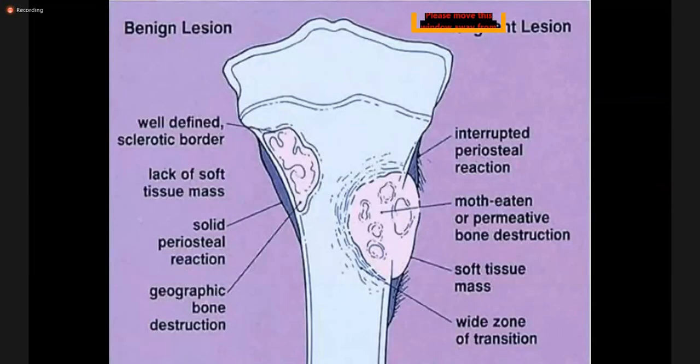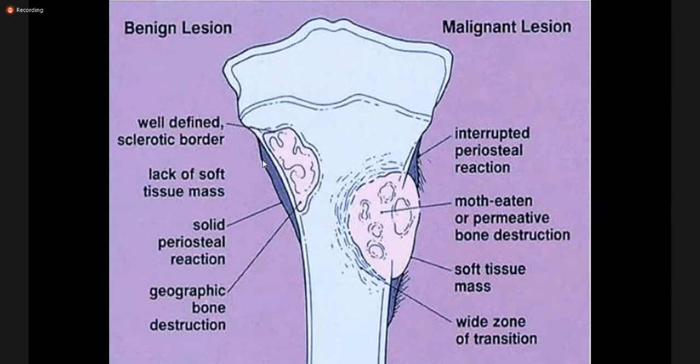Then how do we differentiate roughly on the X-ray? When there is a benign lesion, it is well-defined, plus or minus a sclerotic margin. There is no soft tissue component, or there may be some periosteal reaction which is solid and continuous. There is geographic bone destruction. The cortex is usually not destroyed. In these cases, fracture is most common.